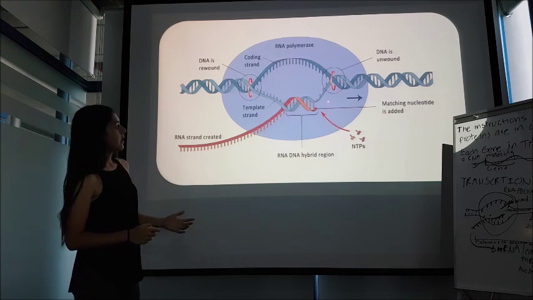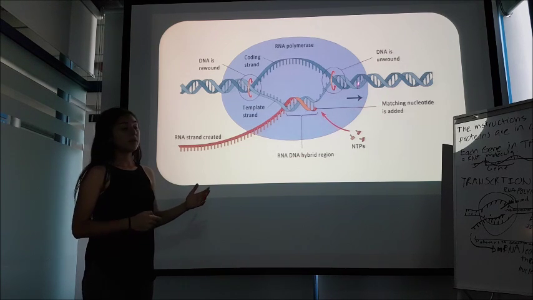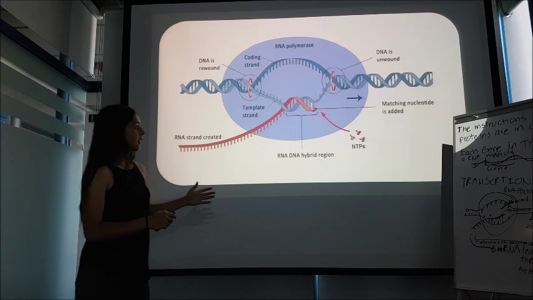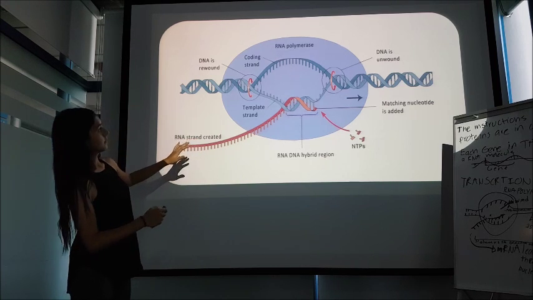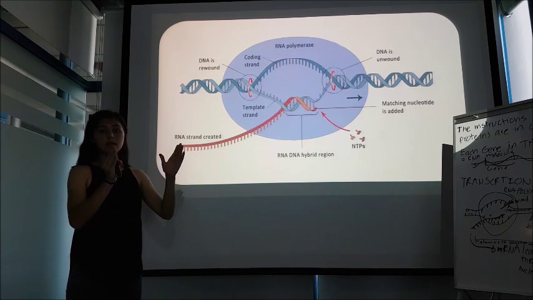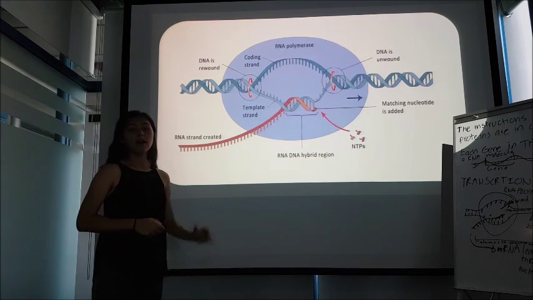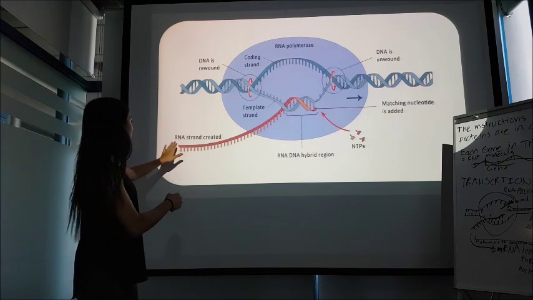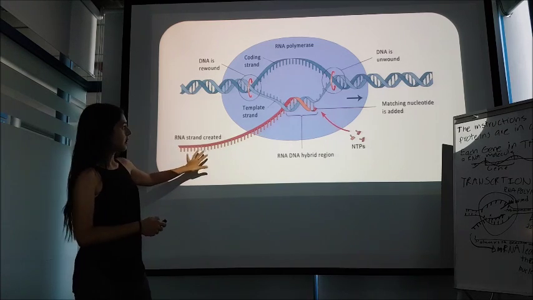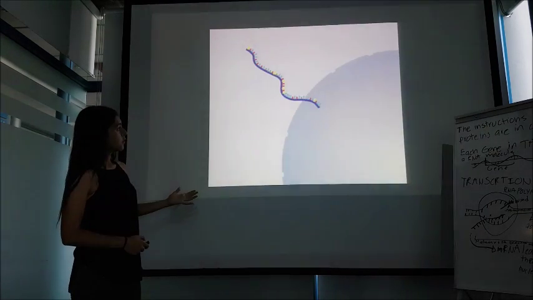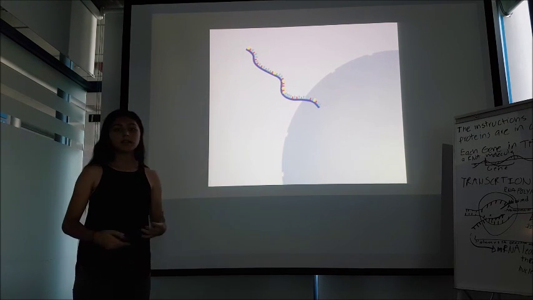As I said, instead of thymine pairing with adenine, uracil is paired with adenine, and therefore it starts making the RNA strand. It's only when the RNA polymerase reaches the end of the gene that the RNA strand is completed. Then, when the RNA strand leaves, it goes through the nuclear pore into the next step.